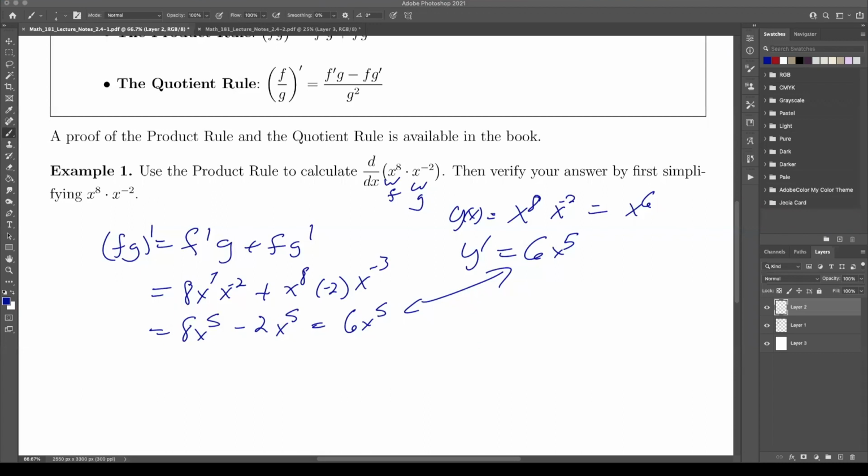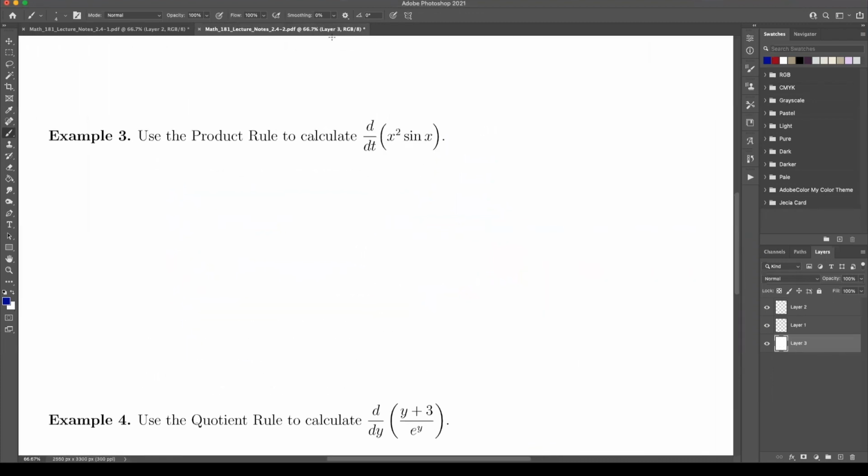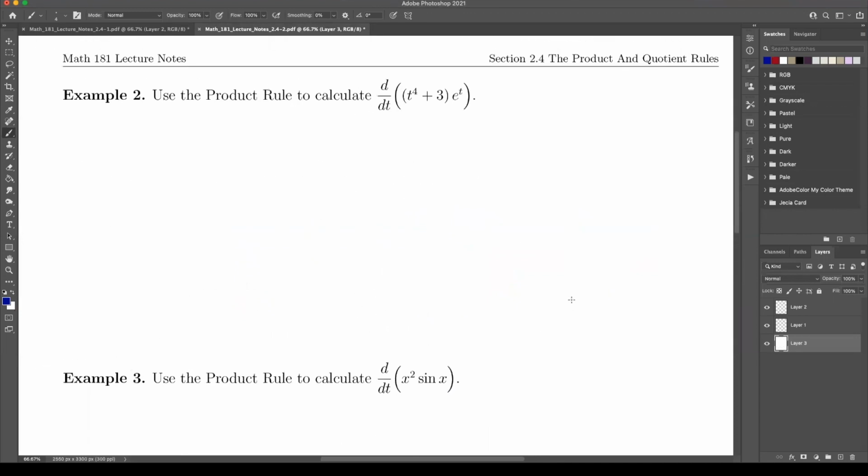So let's do the next one. All right, so let's do this one real quick. So here we use the product rule. I'm going to call this my f, and I'm going to call this my g.